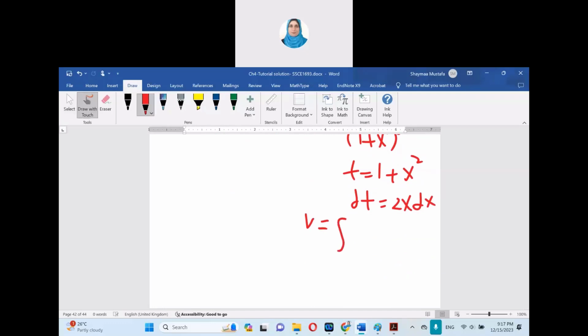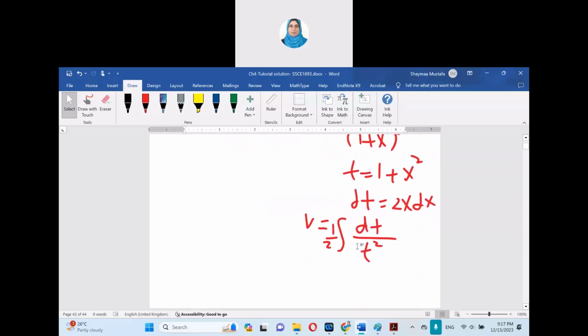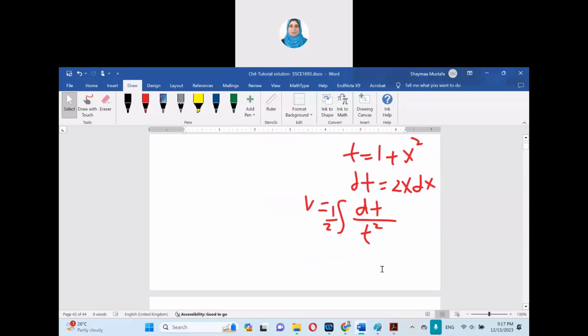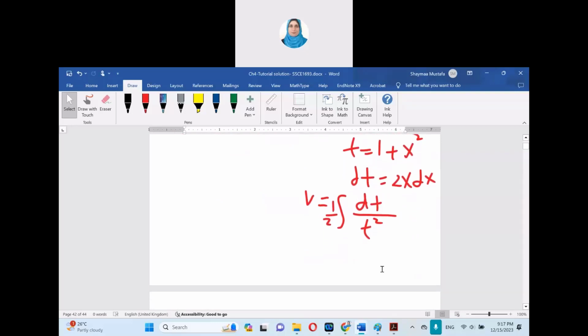So v will be equal to the integral of 1 over 2 dt over t squared, since x dx is 1 over 2 dt. So 1 over 2, t to the power minus 2 becomes minus 1.